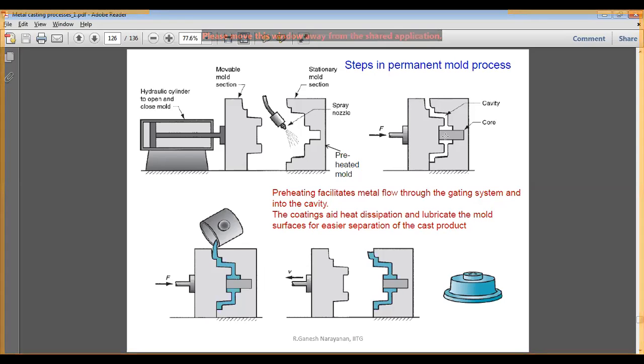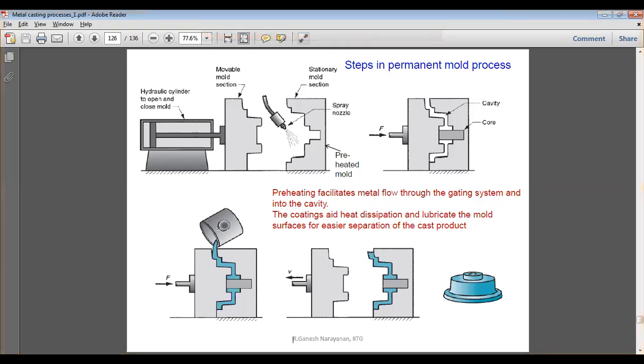When it is completely filled, we stop pouring the metal, and we let the molten metal cool and solidify. So this is the preheating facility. Metal flows through the gating system and into the cavity. The coating aids heat dissipation and lubricates the mold surface for easier separation of the cast product. Also, the application of the spray nozzle is to increase the heat dissipation rate.